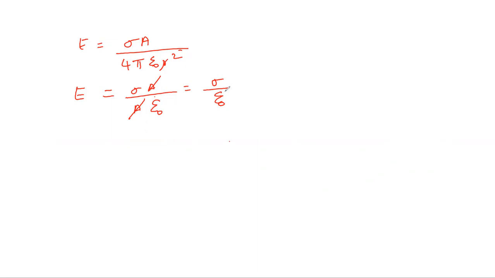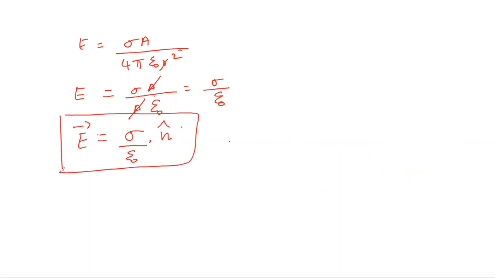Here again, the E vector will be sigma by epsilon naught times n cap. So this is the electric field at a point outside a uniformly charged spherical conductor.